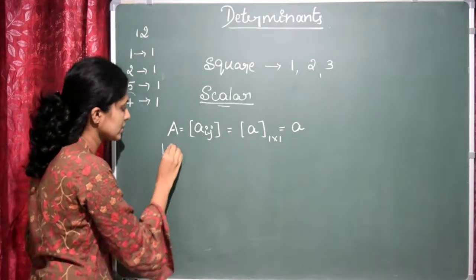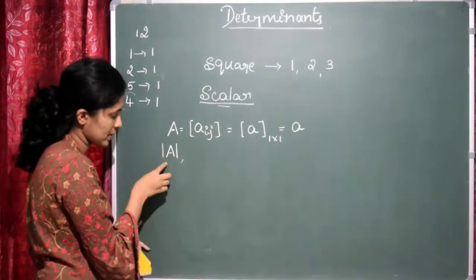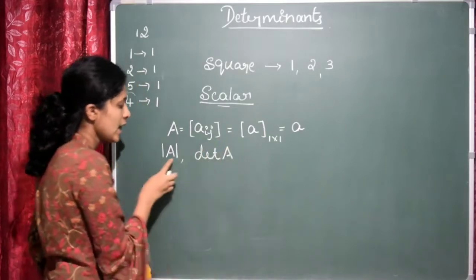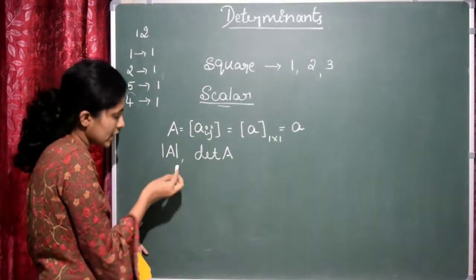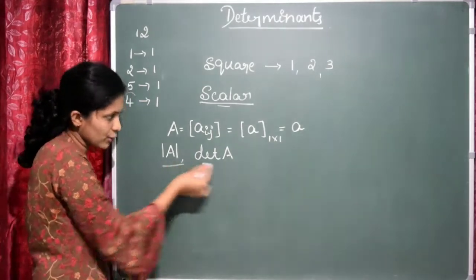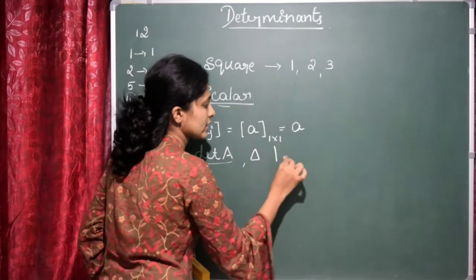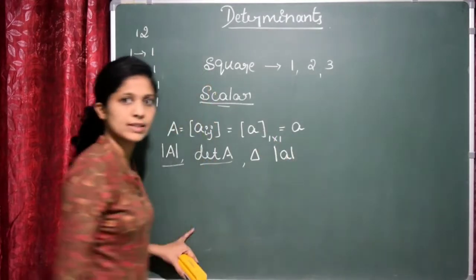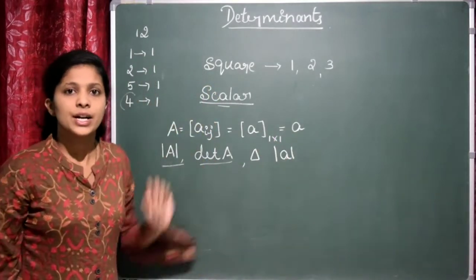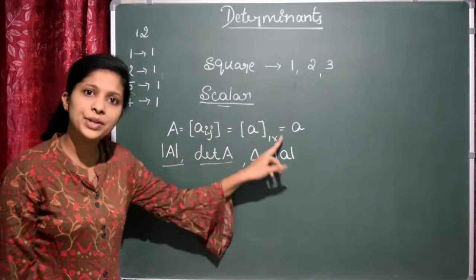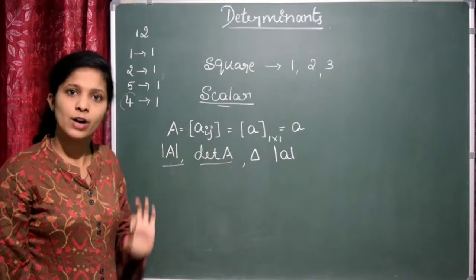One way is determinant of A, or delta. Is it clear? These are the representations of a determinant of a matrix. If the order is 1 by 1, that element itself will be the determinant of the matrix.